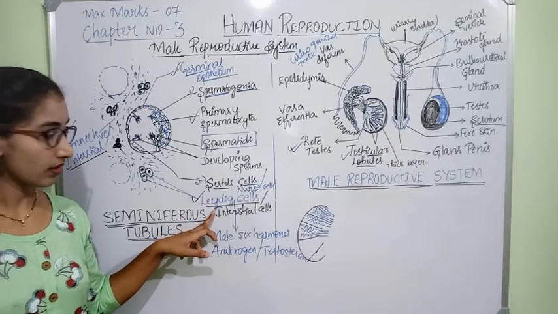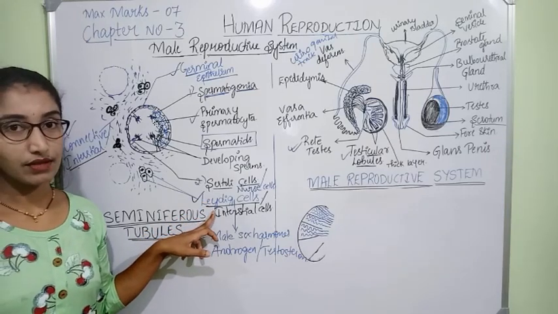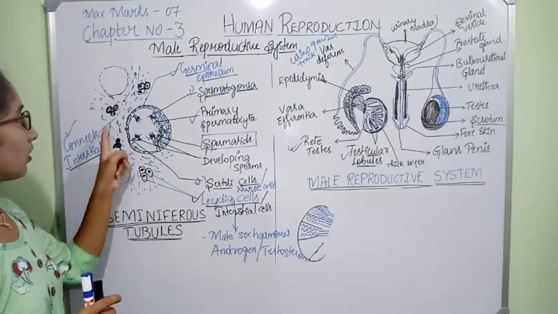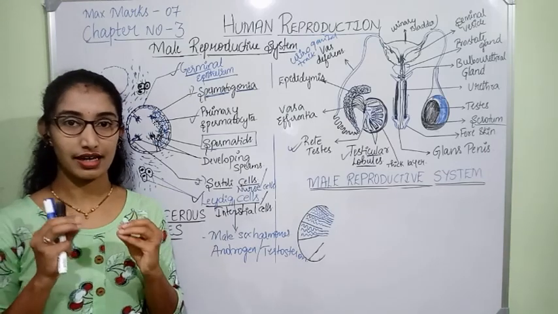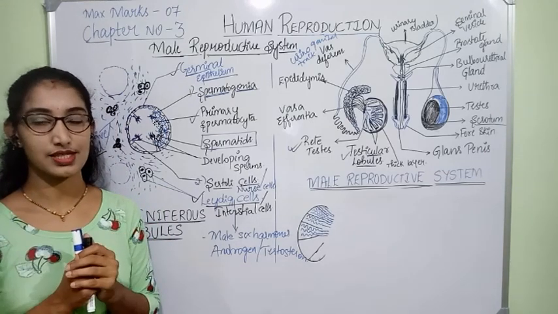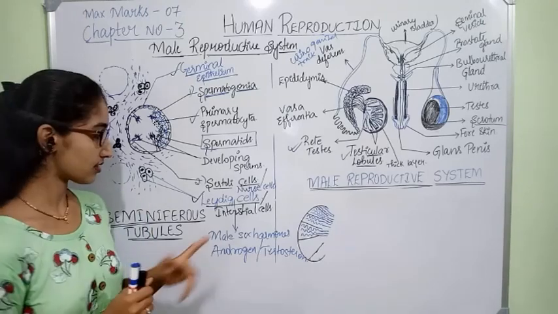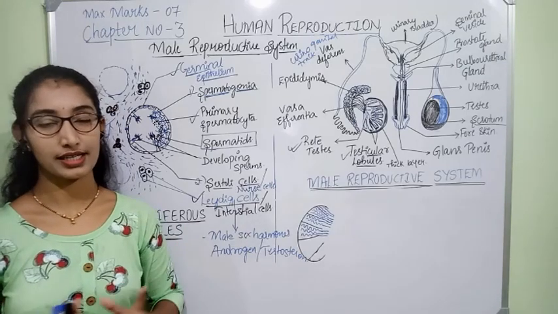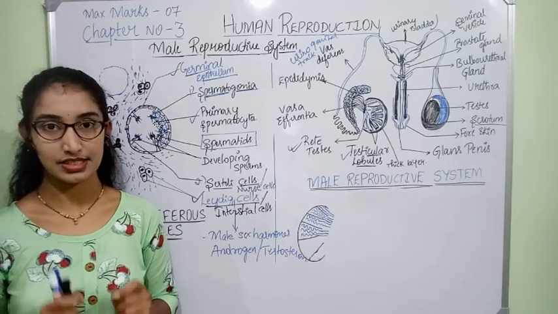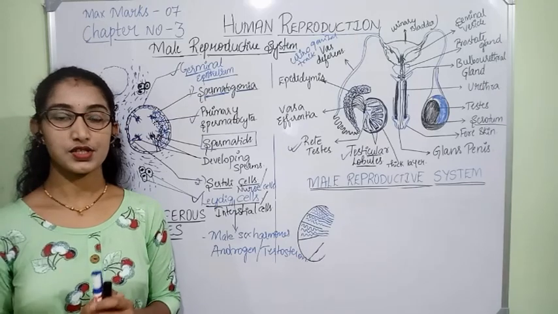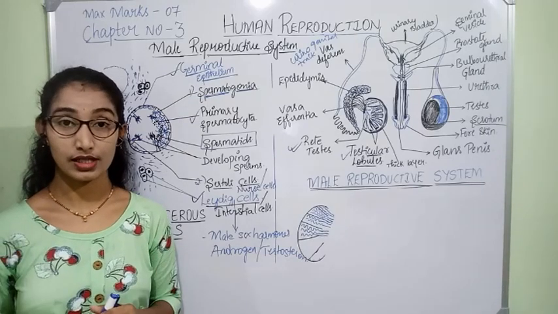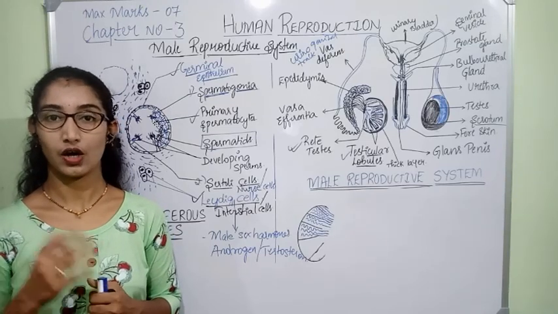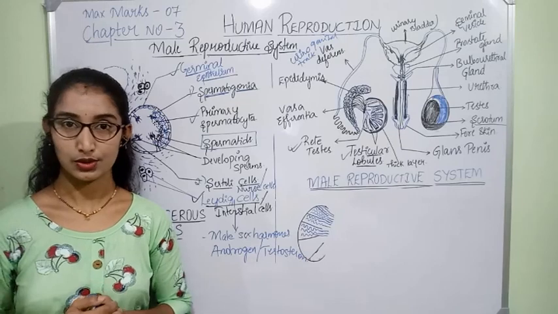And in the connective tissue we can find masses of cells. At some intervals there is a deposition of cells, and those cells are called Leydig cells, also called interstitial cells. These interstitial cells play a very vital role in the production of male hormones, androgen or testosterone.